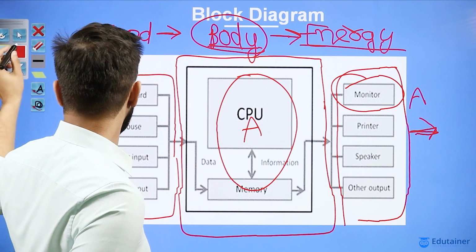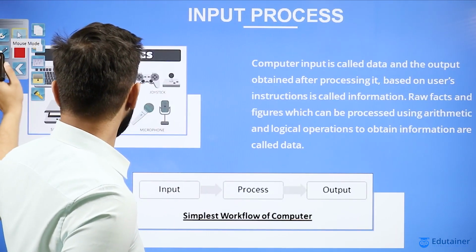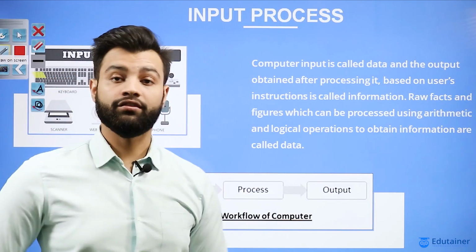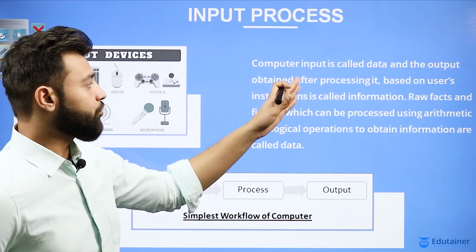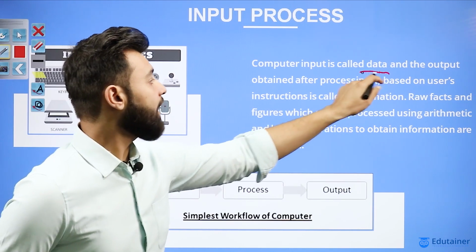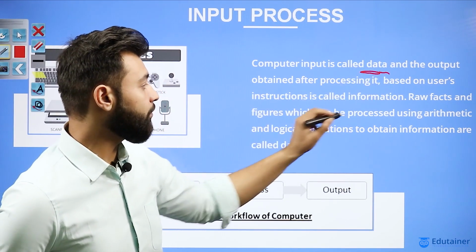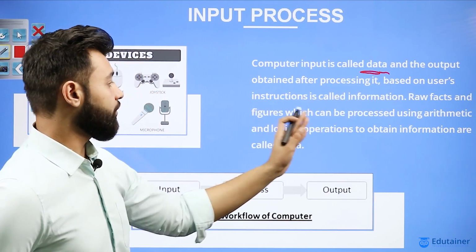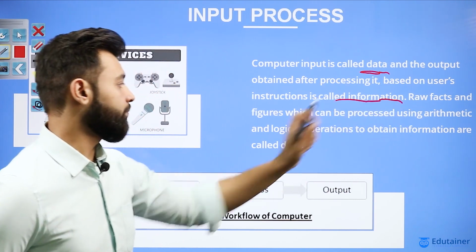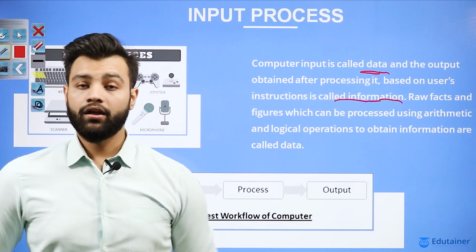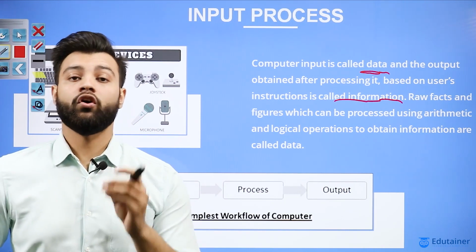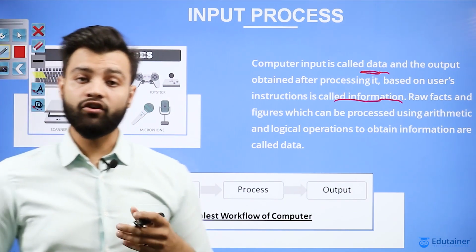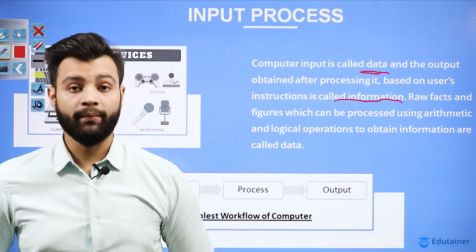Now let's talk about the input process or the input devices. A computer's input is called data, and the output obtained after processing it based on the user's instructions is called information. Okay, so it's just simple. Whatever you input into a system is called data, and the output that you get after processing it is called information.